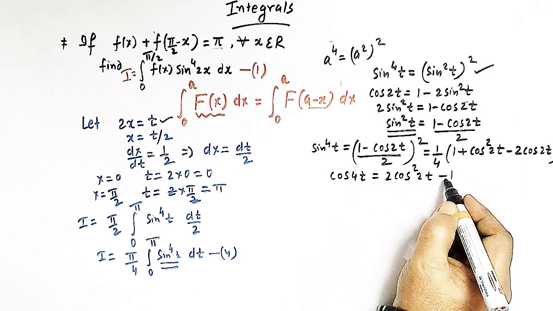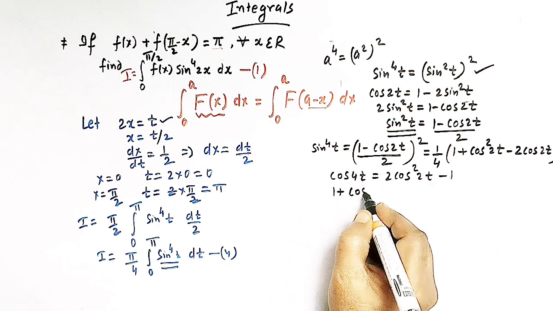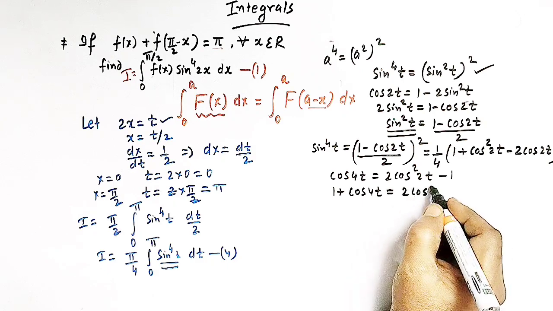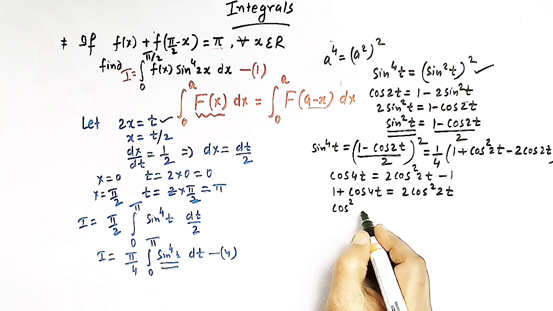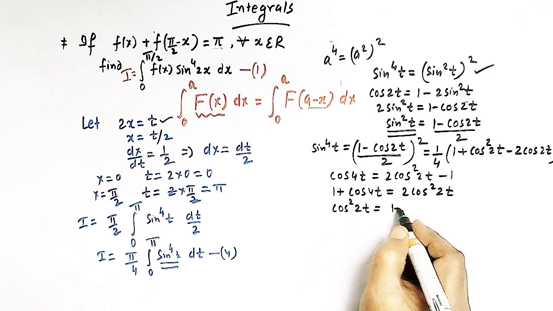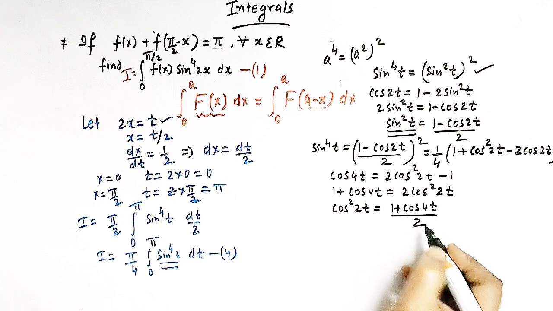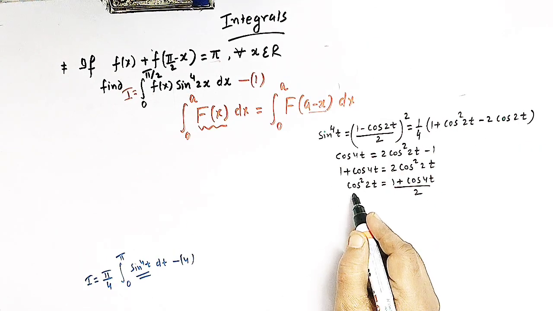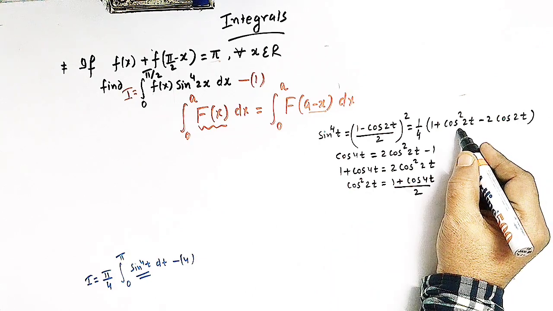So here we can again rearrange the terms. So we have 1 plus cos 4t is equal to 2 cos square 2t, and cos square 2t can be written as 1 plus cos 4t over 2. So now let us substitute the value of cos square 2t in this expression.